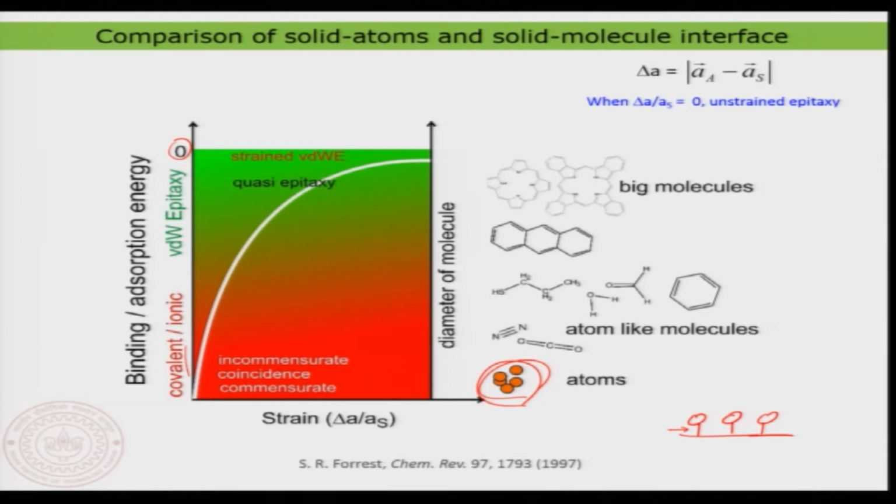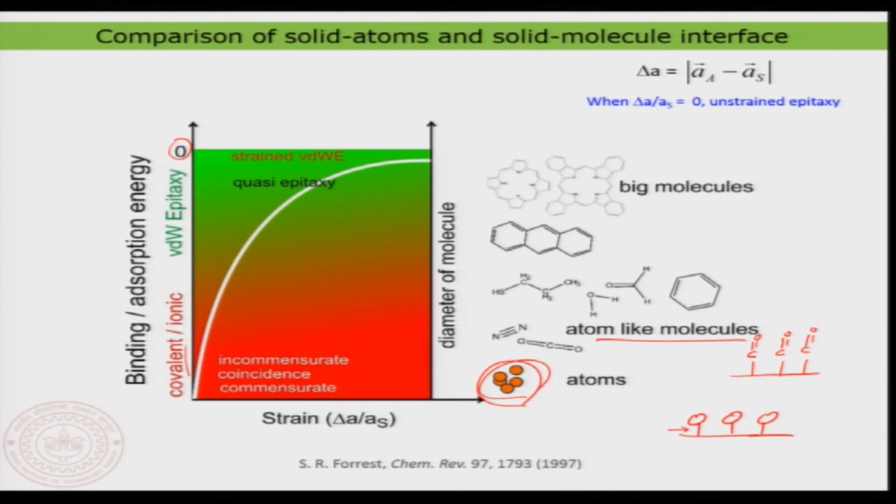But now, when you take atom-like molecules, molecules that go onto the surface, like carbon monoxide would adsorb on the surface like this, that is also looking like an atom-like adsorbate because they are small.